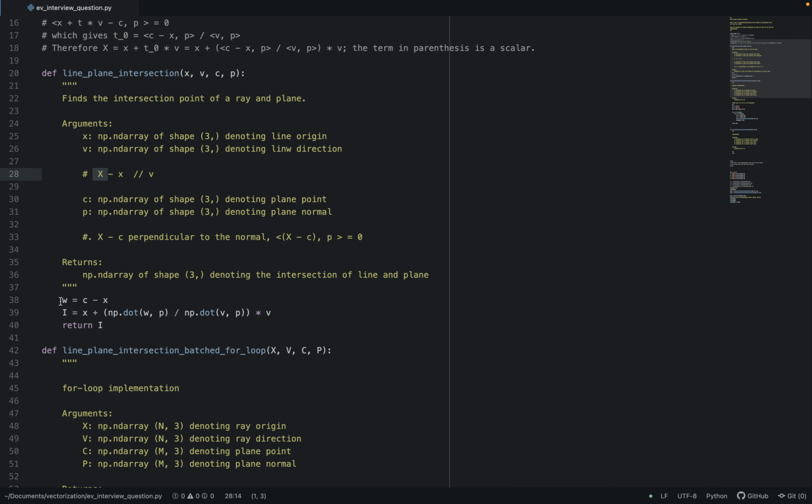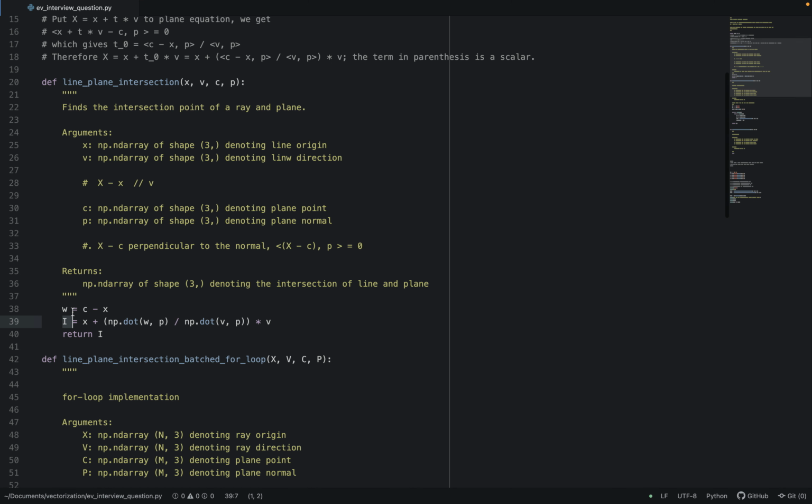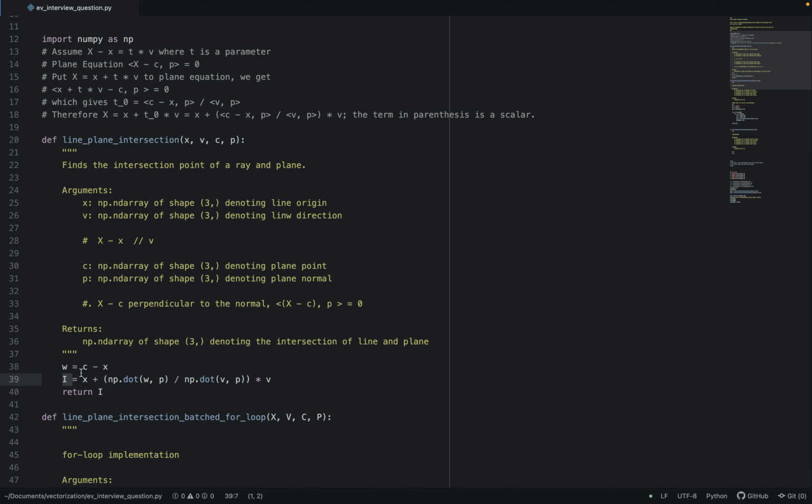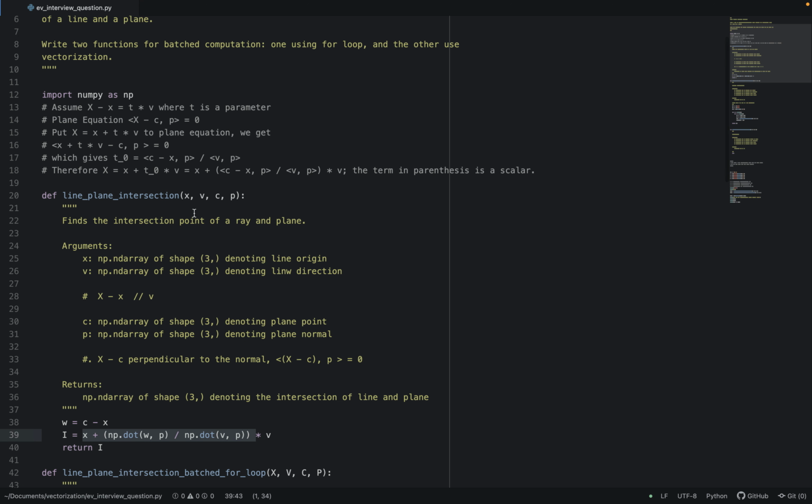By computation, this point will be given by this capital I. Let me first explain how we get this expression, x plus the coefficient times v. Assume the parametric form of the line is capital X minus little x equals t times v, where t is a scalar parameter and v is the direction.